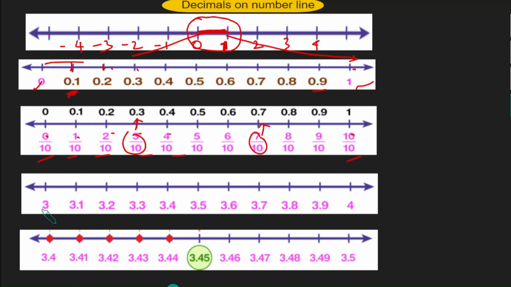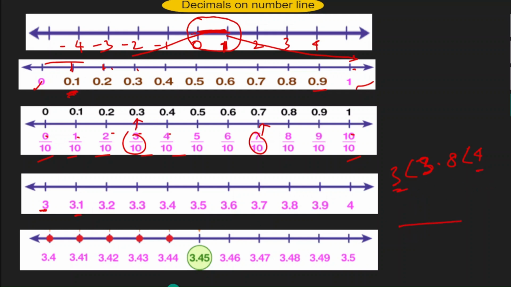So when we have numbers with a whole number and then a decimal part as well, 3.1, 3.2. See that if you have to write the number 3.8, we know that 3.8 is greater than 3 and less than 4. So it will fall between 3 and 4.